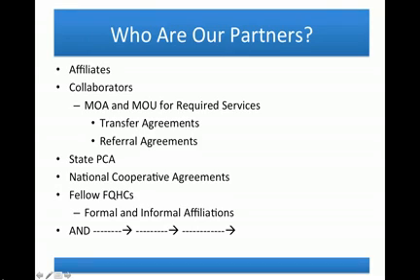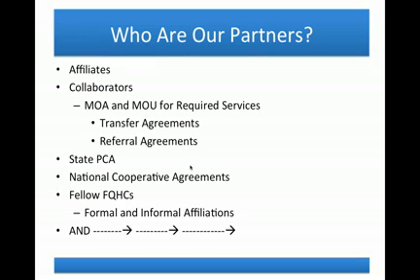Okay, when you stop and think about it, the health center has many, many potential partners. We're going to talk a little bit about affiliates and what it means to have an affiliation agreement. And of course, the ones that are much more common are collaborators. Many health centers, in fact, I would say all health centers, have some sort of memoranda of agreement or memoranda of understanding for required services, and we're going to talk about those and how to report them and record them and how to ensure that they are correct.